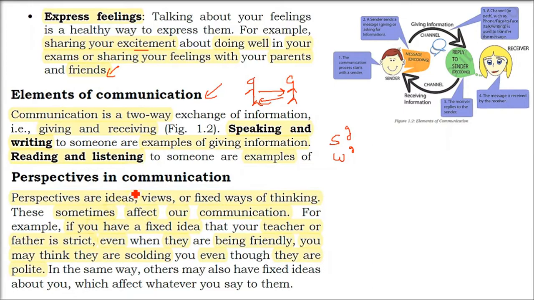Perspectives are what ideas you have, thoughts you have, views you have. You can have a certain fixed way of thinking, and that fixed way of thinking or bias, being pre-biased, sometimes affects your communication. For example, just think, you think your teacher is very strict, your father is very strict. So what will happen?